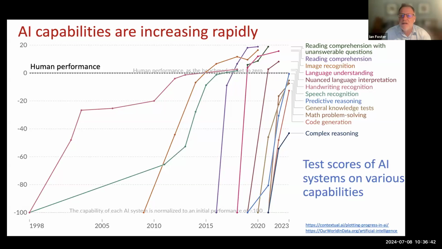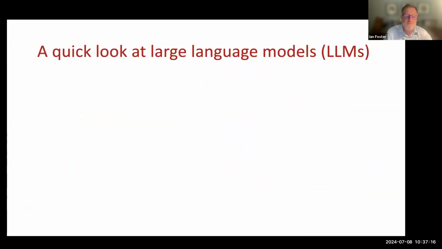In other areas like code generation, complex reasoning, and math problem solving, these AI methods are improving rapidly in performance, but have not yet reached human capabilities. So that's pretty impressive. And you can see perhaps some leveling off at the top of some of these, but that's only perhaps because they're reaching 100% by these measures. It's not necessarily showing that the methods are failing to continue to improve.